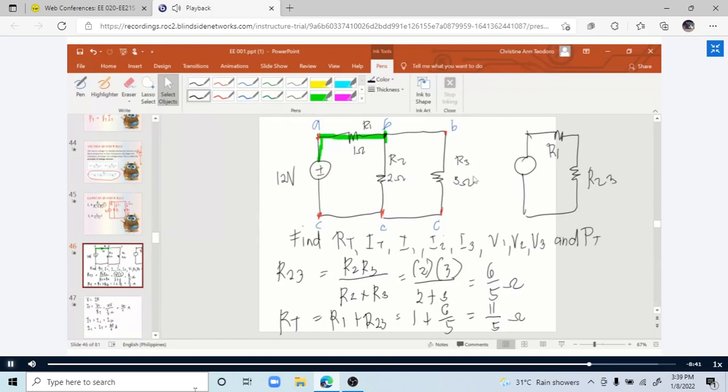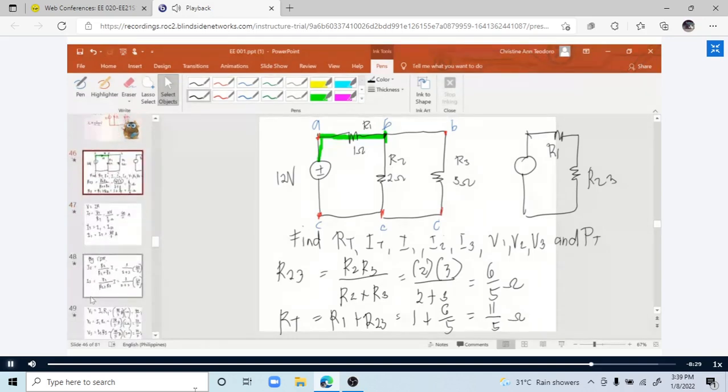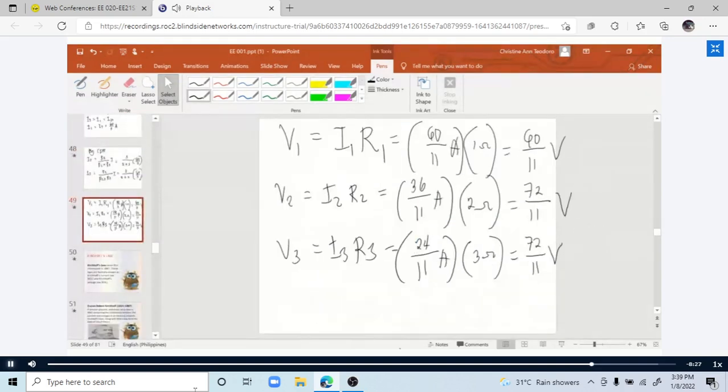According to the parallel condition, your voltage is constant. Since R2 and R3 are in parallel, they must have the same voltage. Correct? Do you remember it? I hope you do.